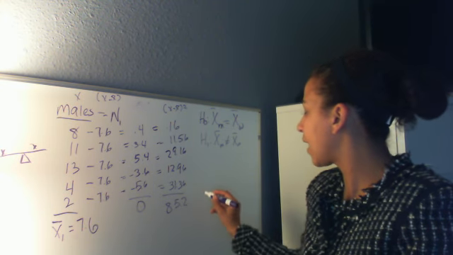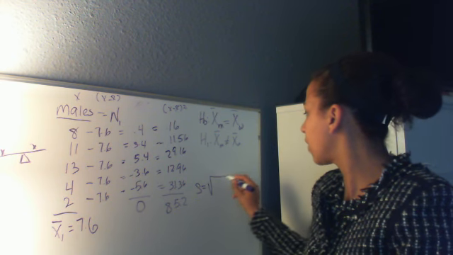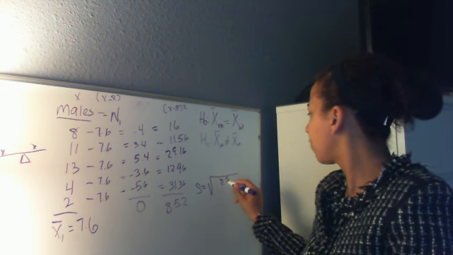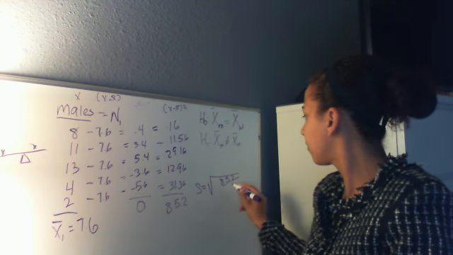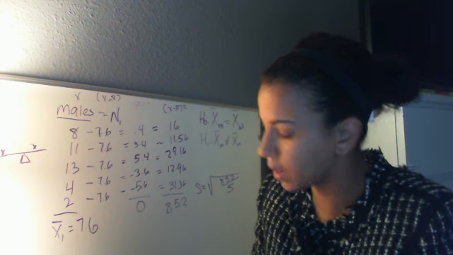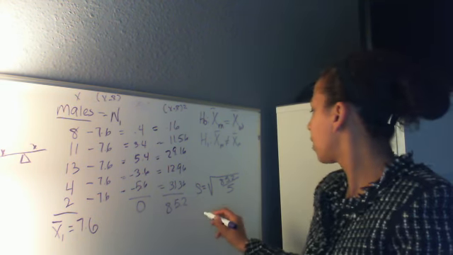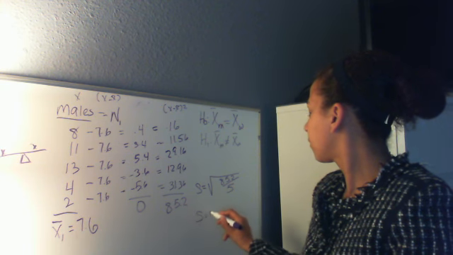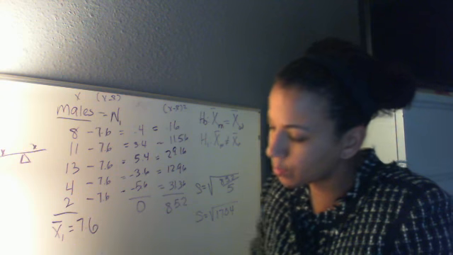I can then take that, and what the formula tells me is that my standard deviation is equal to the square root of 85.2 divided by n, which is 5. Alright, 85.2 divided by 5 is equal to 17.04. Take the square root of that.